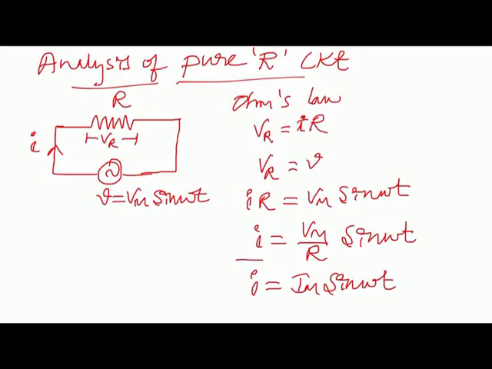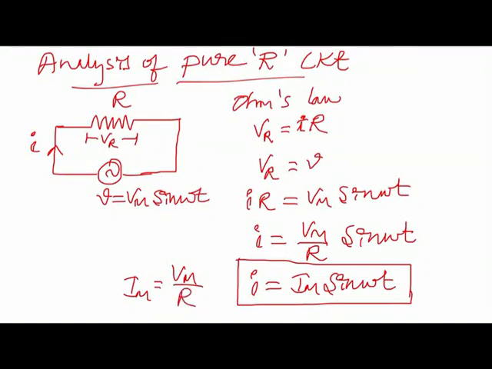This is the nature of current when we connect sinusoidal voltage to the pure resistive circuit, where Im is the maximum value of current, which is given by maximum value of voltage Vm by resistance R.